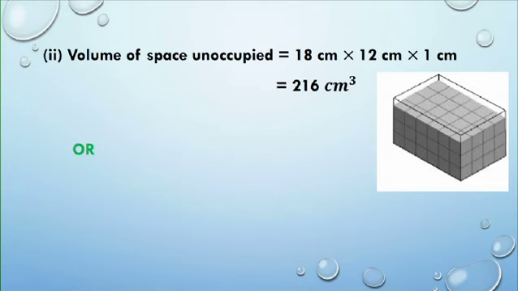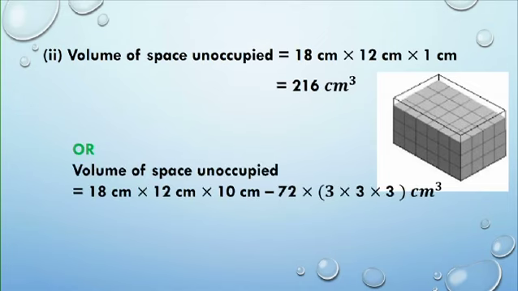Or I could also have calculated the volume of the cuboid, that is 18 times 12 times 10, minus, we had 72 cubes of edge 3 centimeters which fitted the cuboid. So I can also have the volume of the cuboid minus 72 times the volume of each cube, that is 3 times 3 times 3, which gives me 216 centimeter cube.